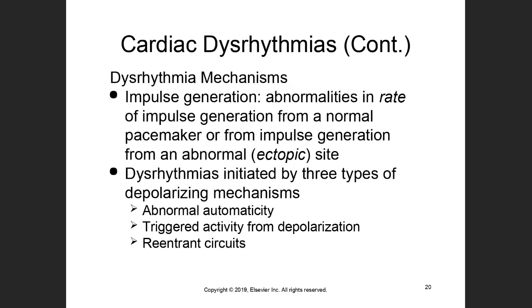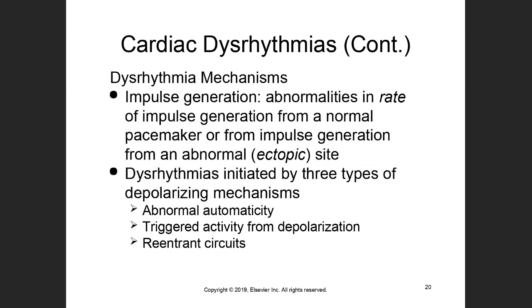The arrhythmia mechanism: abnormality in the rate of impulse generated from the normal pacemaker. The normal pacemakers are the SA node and the AV node. SA node is the main pacemaker. Arrhythmia is initiated by 3 types of depolarization mechanisms. A normal automaticity.